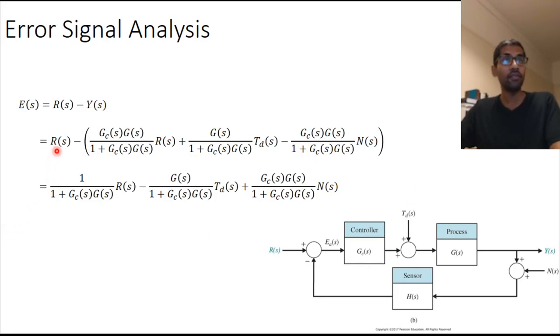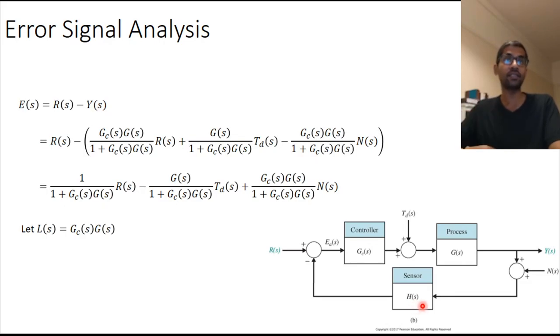Now, if we open out these brackets and we subtract and do some arithmetic, just combine the first and the second terms, then this transfer function becomes of this form. Now, if we write L(s) as the loop gain, the open loop gain, G_c times G, L(s) is usually written for the loop gain and it will have the term H as well in it.